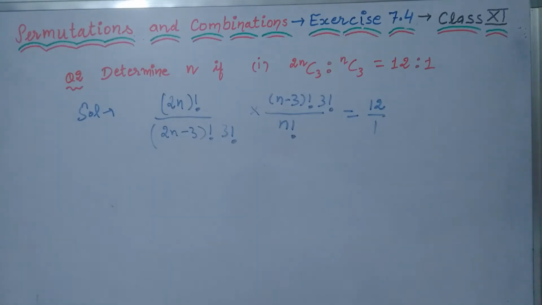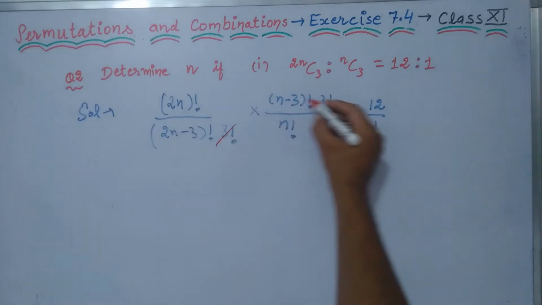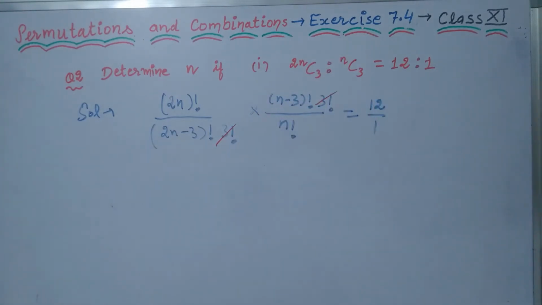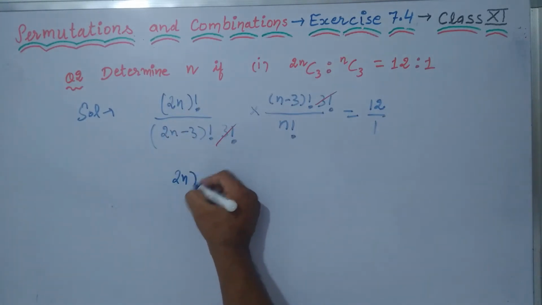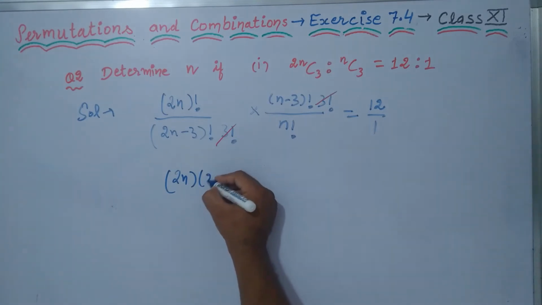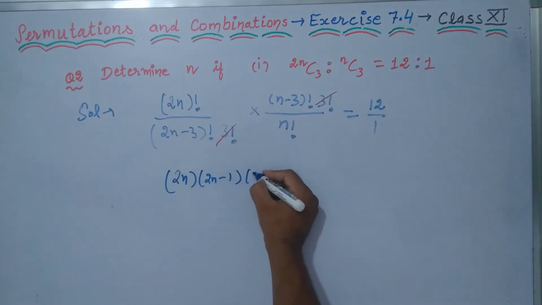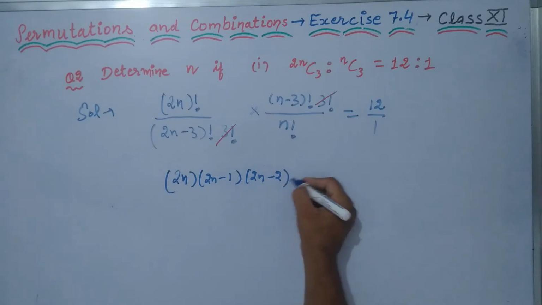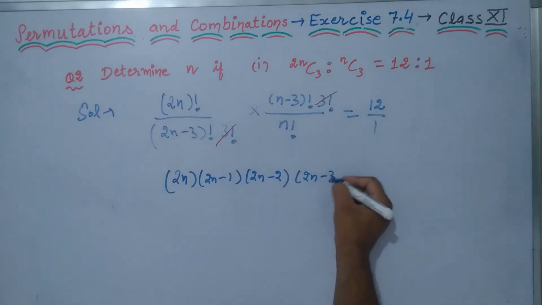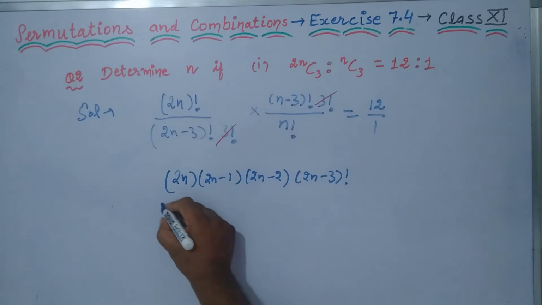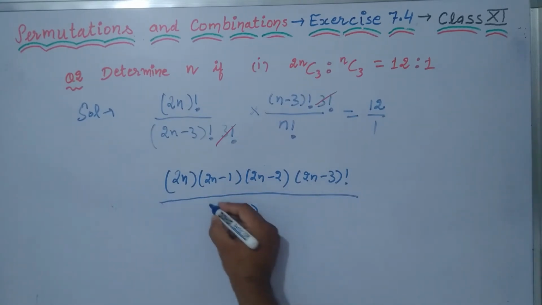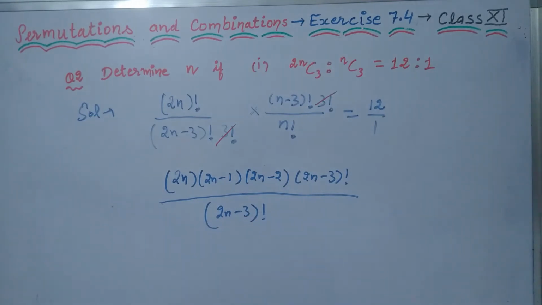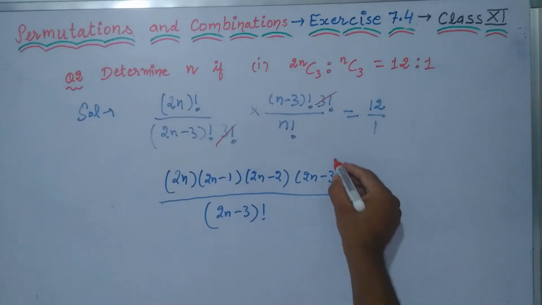So what we see now, here first of all this 3 factorial is the same, so cancelled. So next, 2n factorial, we subtract by 1, again subtracting by 1, again subtracting by 1. So this way we reached here, in the denominator (2n minus 3) factorial is already here, so we cancel these two terms.